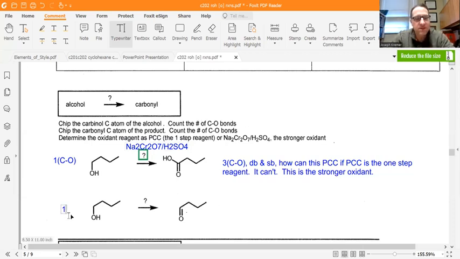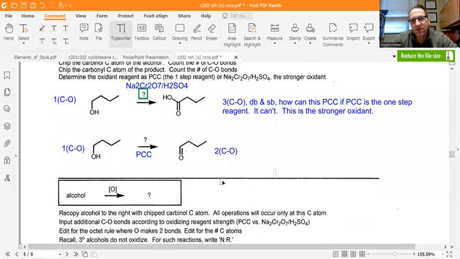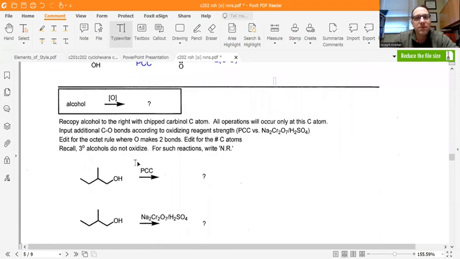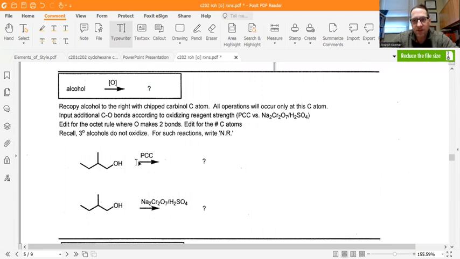And likewise, hopefully these are not that hard to solve, I would hope. On the product side, here's 2. So therefore, this is, as I said, the world famous PCC, the one-step reagent, pyridinium chlorochromate. If you're interested in how PCC can halt that reaction at the aldehyde, then please see me. I can explain it to you. But it's beyond the scope of this video.